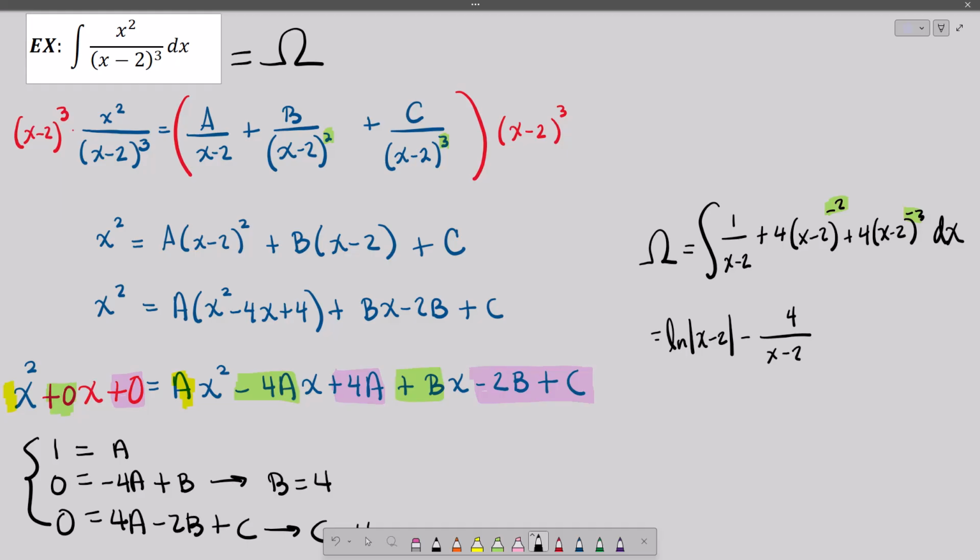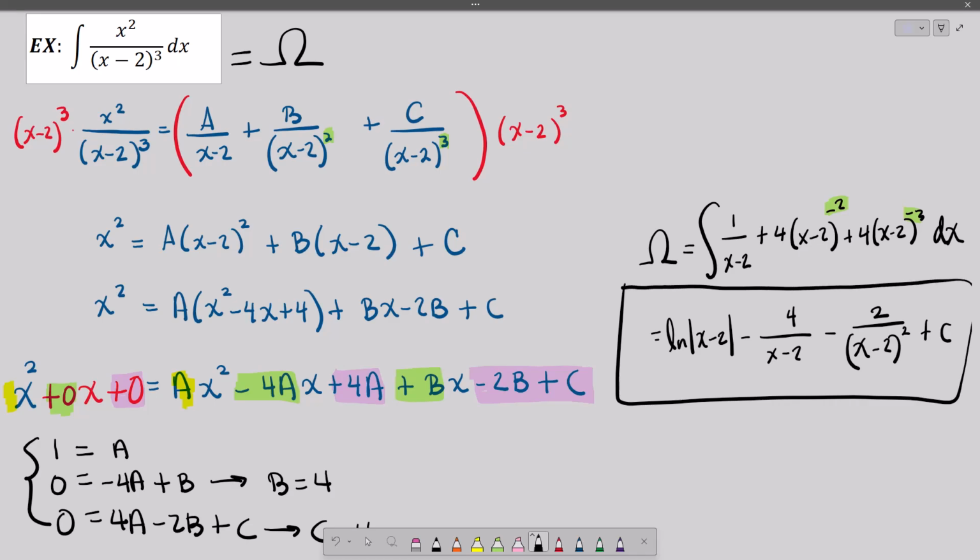Here we add 1 to get negative 2, divide by negative 2, so we're going to get negative 2 over x minus 2 squared plus c. Then we'll distribute it to each term. This is going to be the only term.